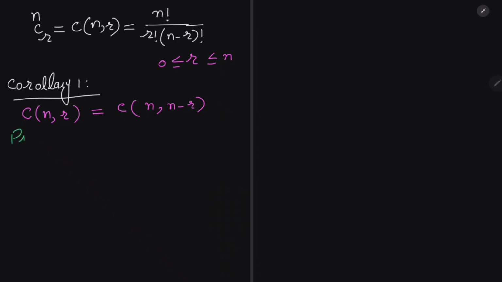The proof is very simple. First, we write the definition of C(n, r), and C(n, r) is equal to n factorial over r factorial times n minus r factorial.